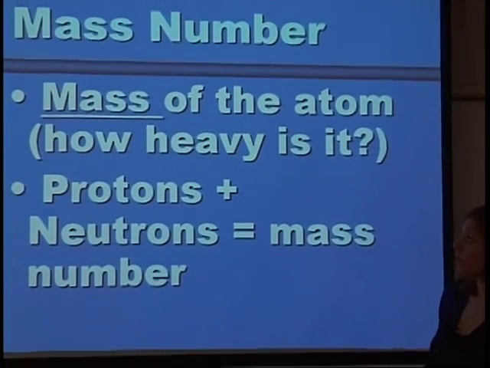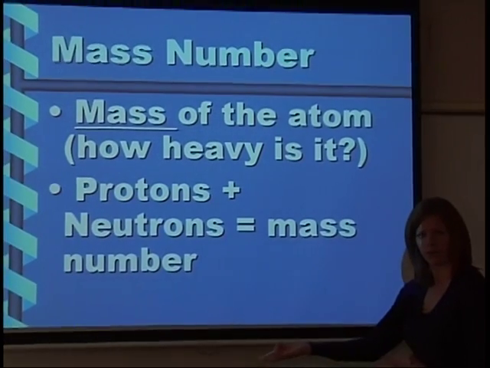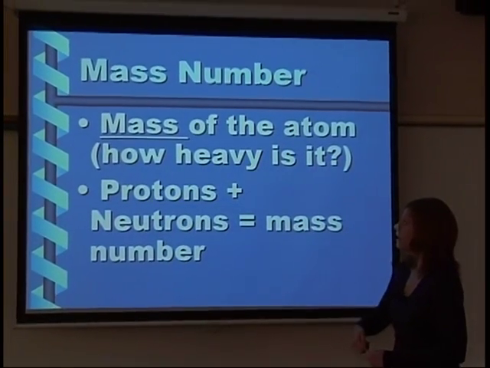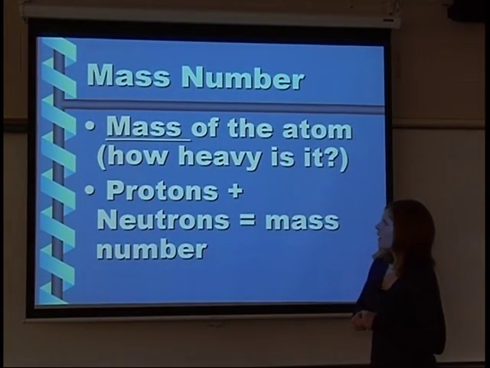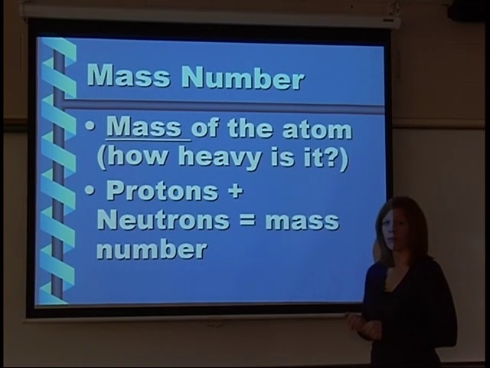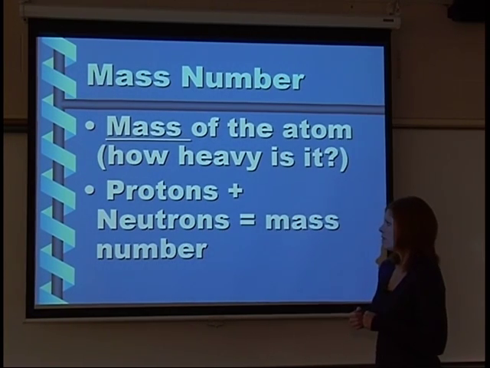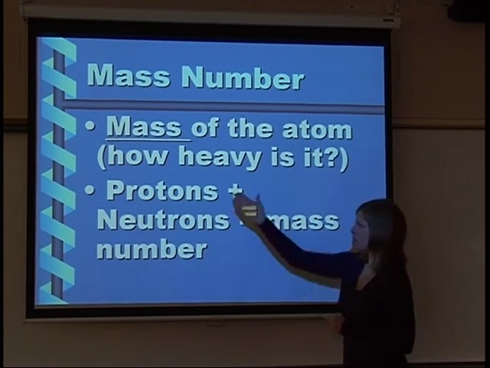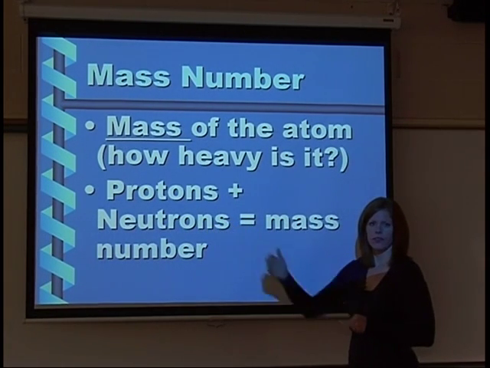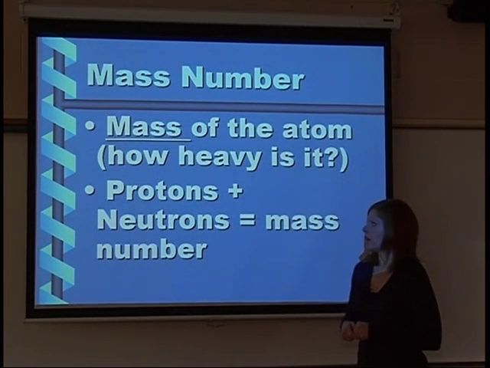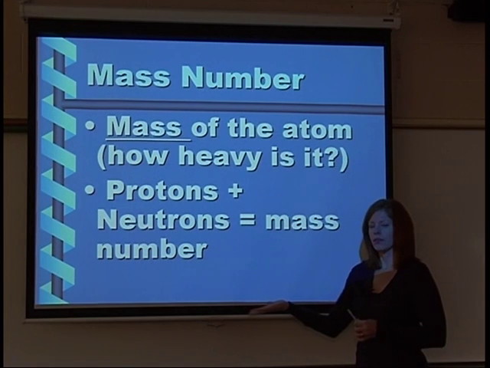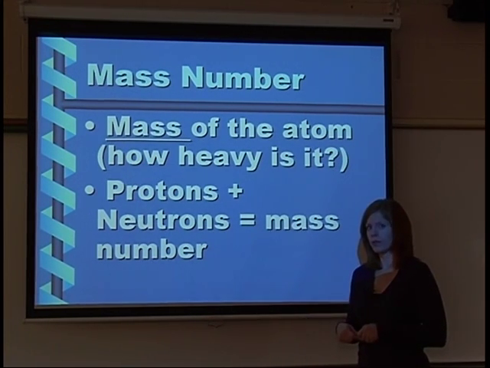So the mass number, unlike the atomic number that we just saw in the last slide, is a measurement of how heavy the atom is. For our purposes, we are just going to figure this by adding the protons and the neutrons to get that mass number. If you remember in the previous slides, we had said that most of the mass of an atom is located in the nucleus.